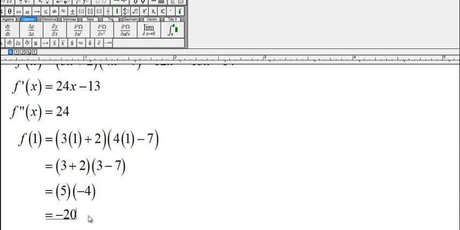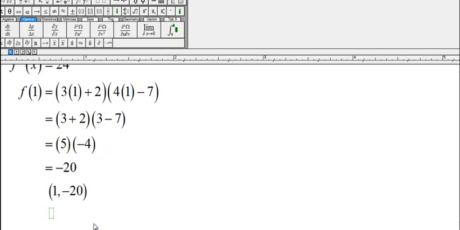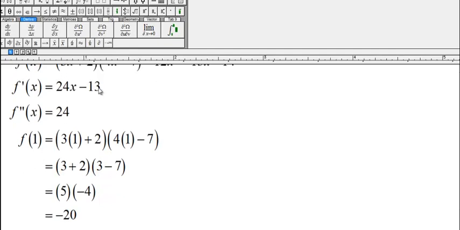That means the point (1, negative 20) is on the graph. That's our point of tangency. Now f prime at 1: take this formula here.